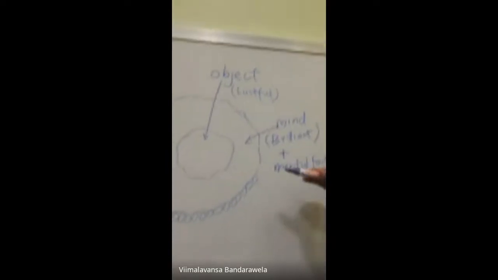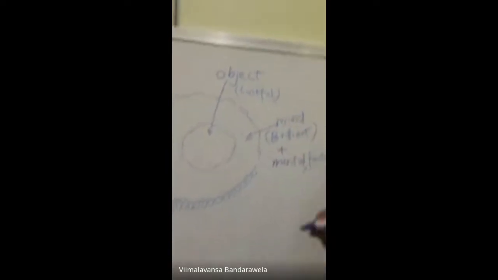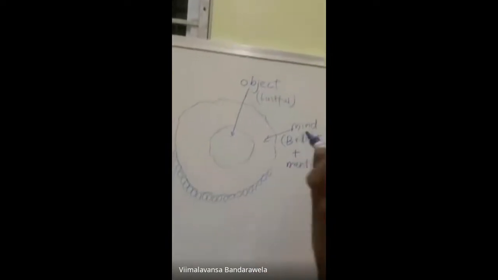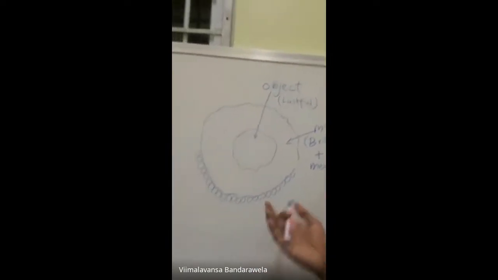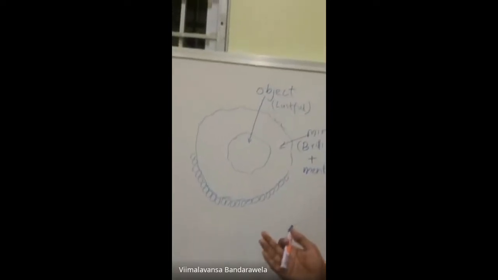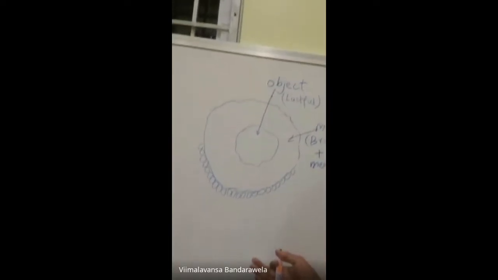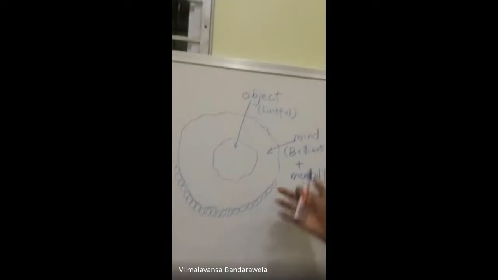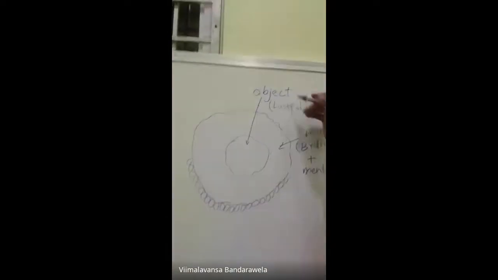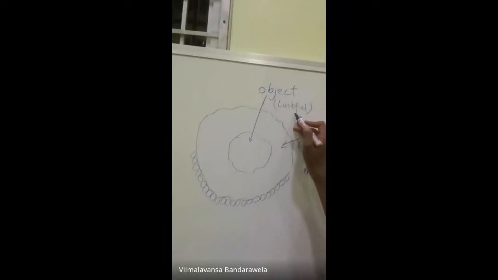For example, sometimes with our eye, you have eye consciousness, what is called chakku viññāna. For example, in chakku viññāna, you have an object of a lustful thing, right?